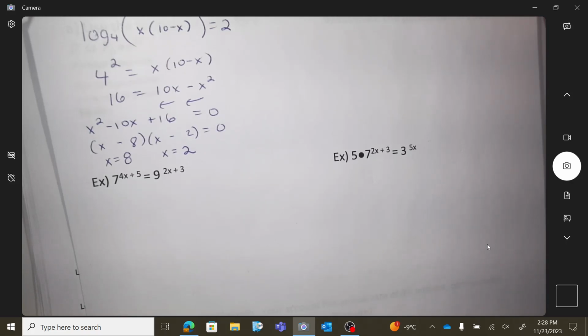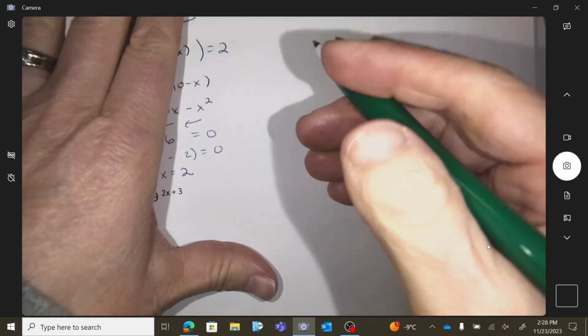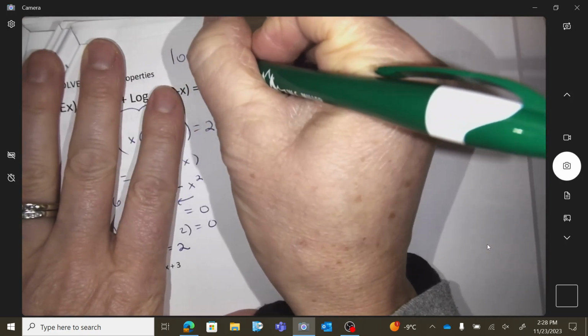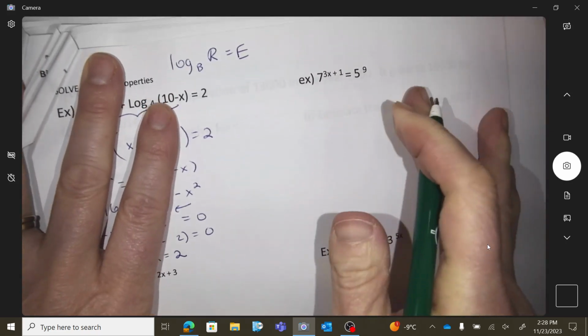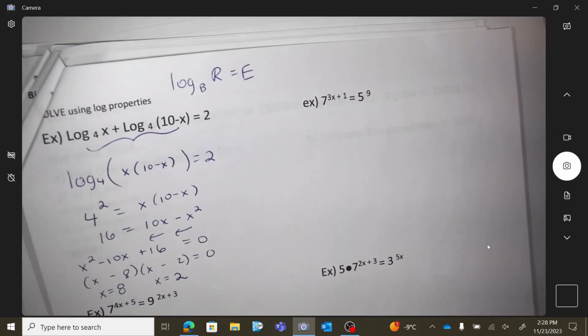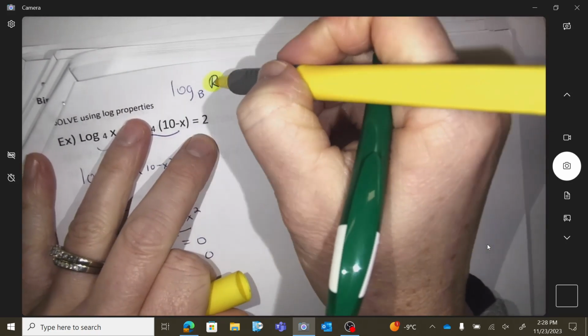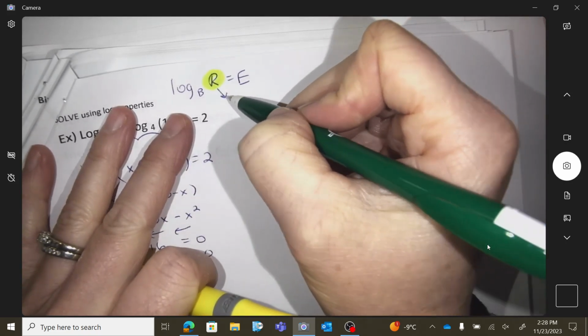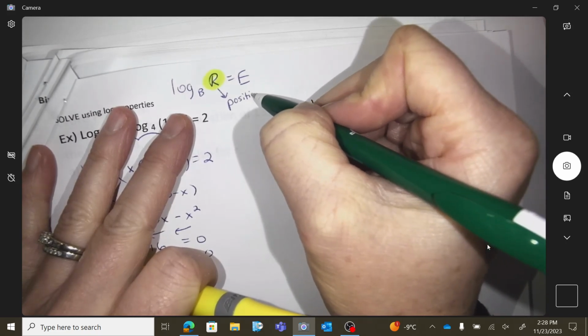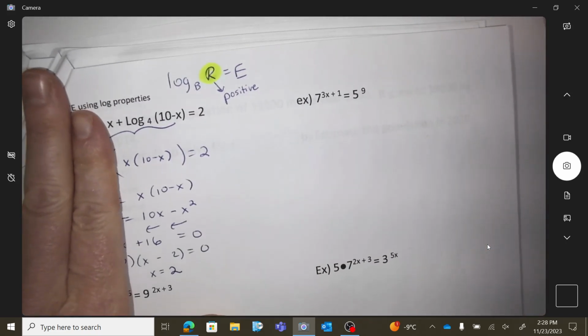Okay, remember that in a log expression or a log equation, the result has to be, what's the rule? In a log, the result has to be positive, right? No matter what.